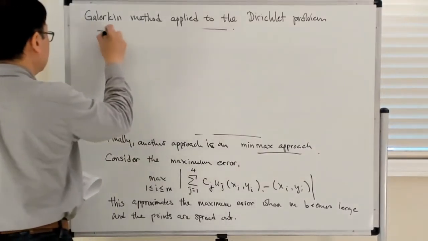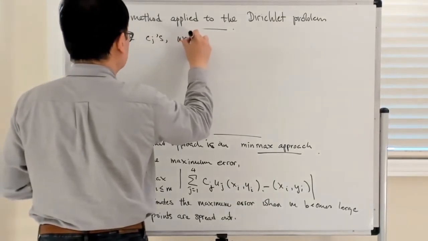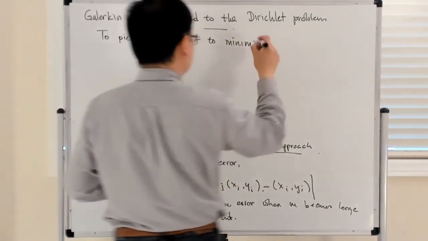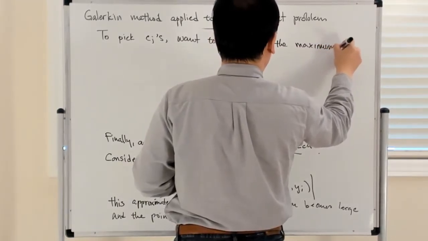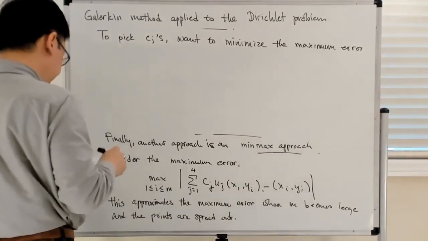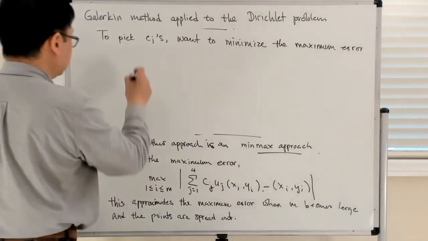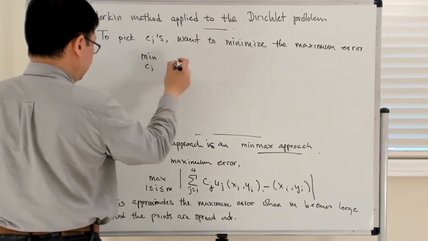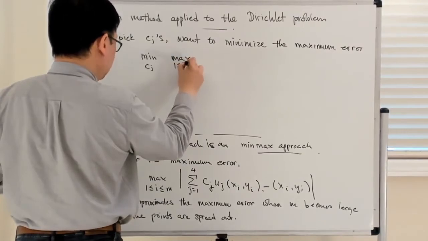Then to pick the Cj's, you want to minimize the maximum pointwise error. So that's one other approach: you want to find the min over the Cj's of the max of this.